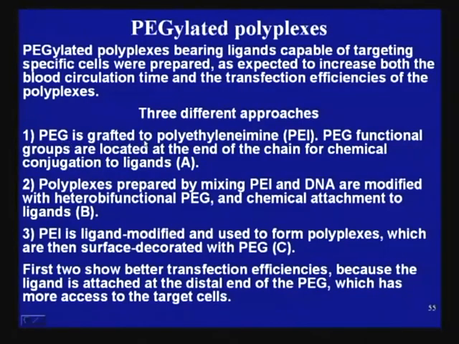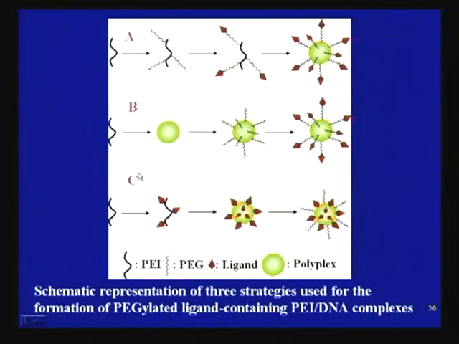PEG is grafted to polyethylene imine. PEG functional groups are located at the end of the chain for chemical conjugation to ligands. Polyethylene glycol has active sites to which these ligands are bound by chemical reaction, to which DNA molecules are complexed.